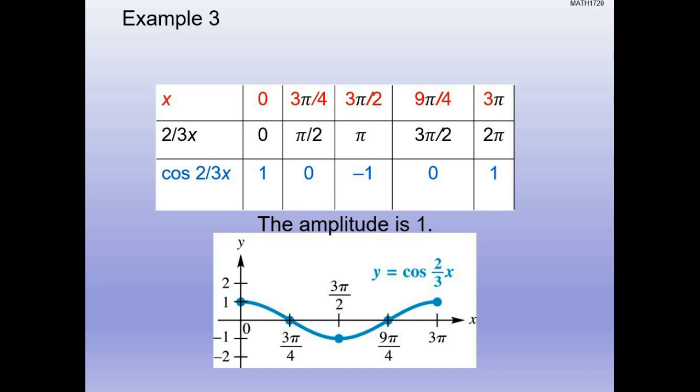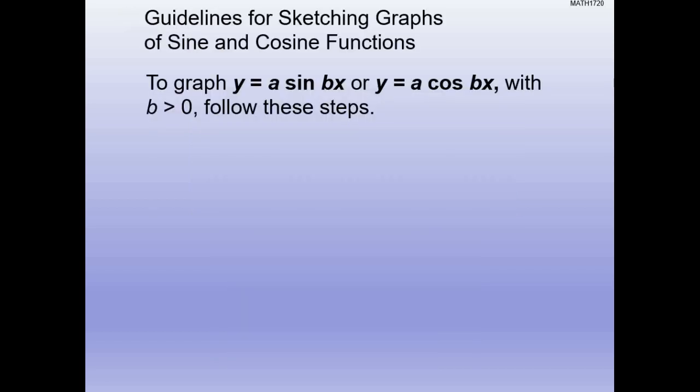That's all we're doing to evaluate this graph. You should be able to look at the table and figure that piece out. But when we have a fraction in the argument, it stretches the graph out and makes it take longer for the period to complete.